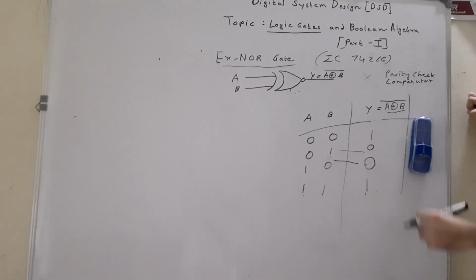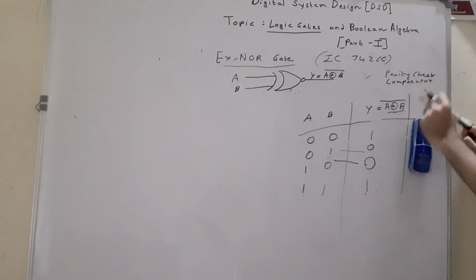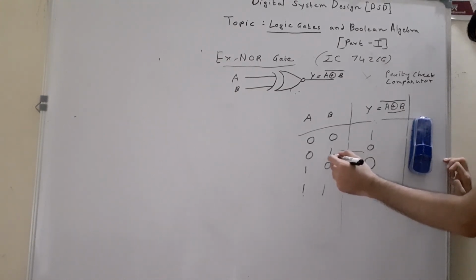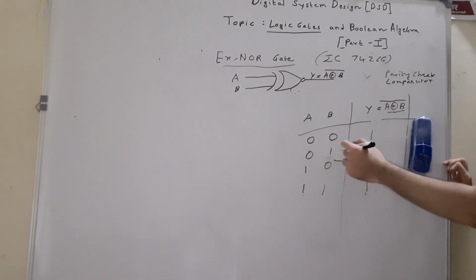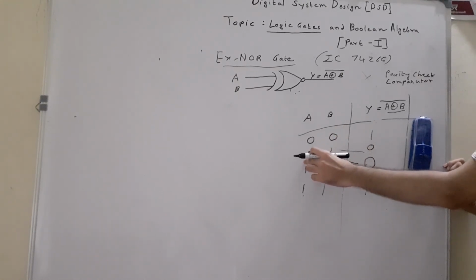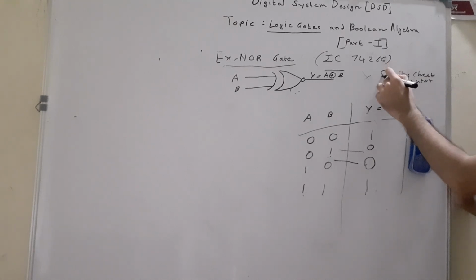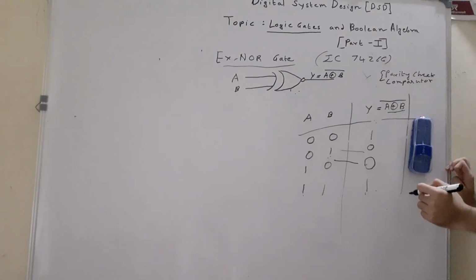That's the reason it is used in comparator circuit. It is used to compare the two inputs present at the input of the digital circuit. It is also useful for parity checking operations or generation of parity bits. So these are the applications of XNOR gate.